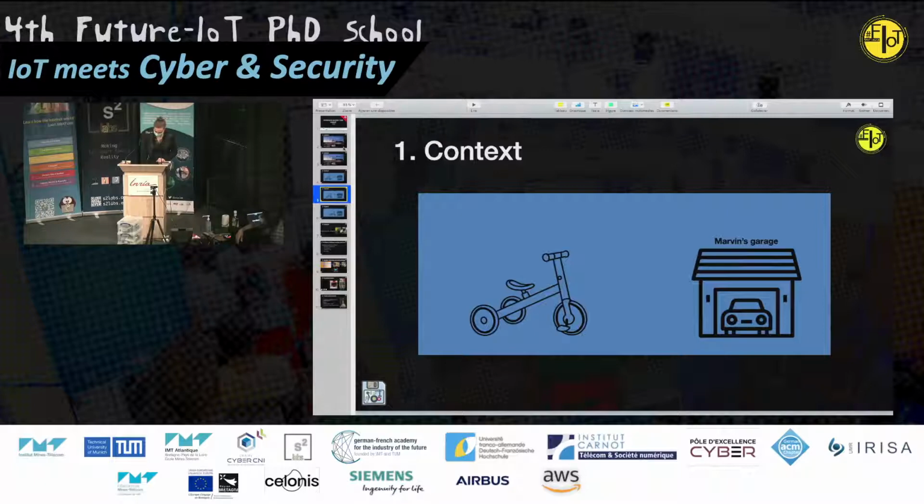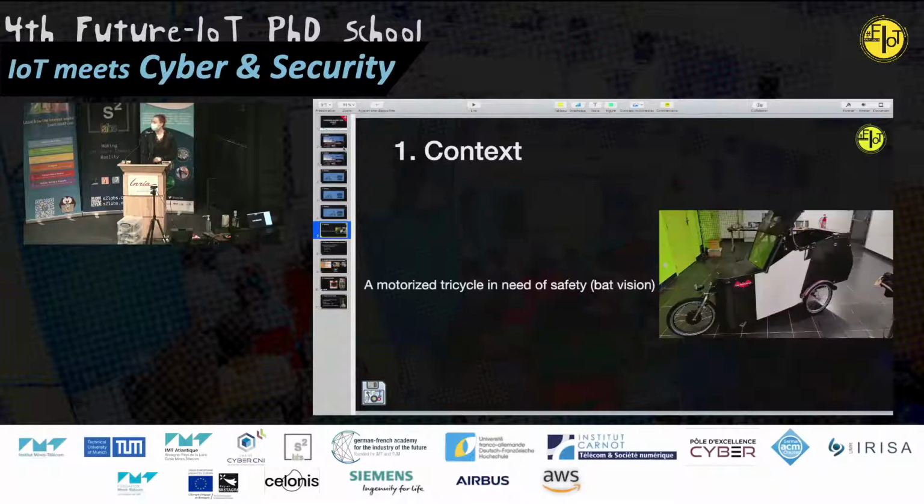Our mission is to provide it with bat vision. Technically, that translates into providing it with a system that picks up danger related to front and back collision. The system will have to detect objects in the front and the back, pick up the current speed, and compute the level of danger according to which it will display a warning.